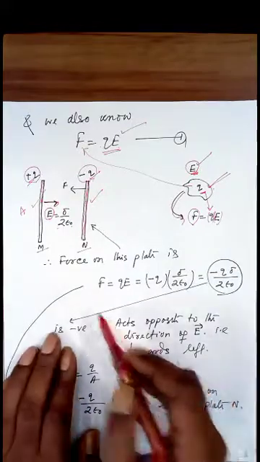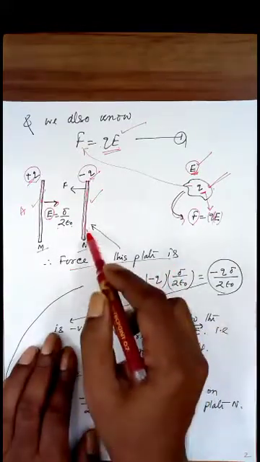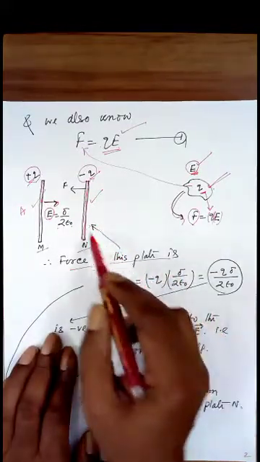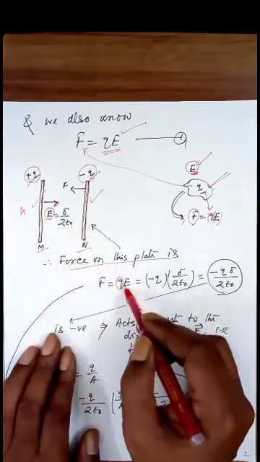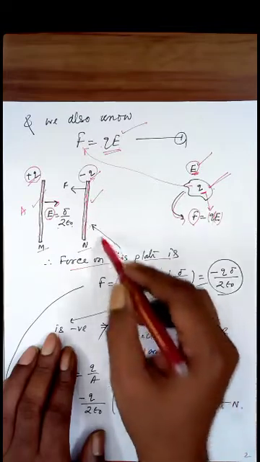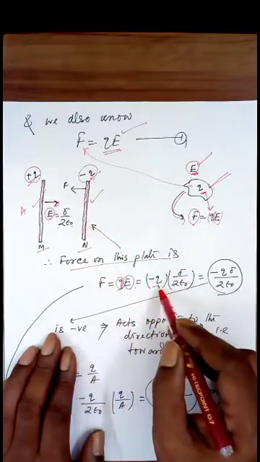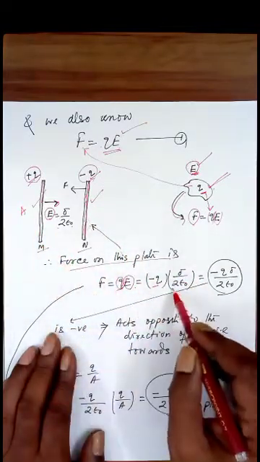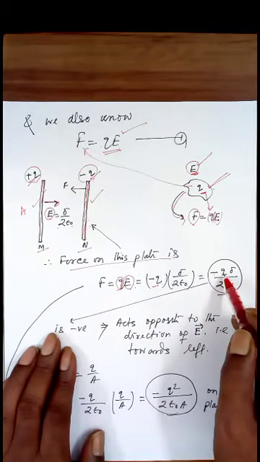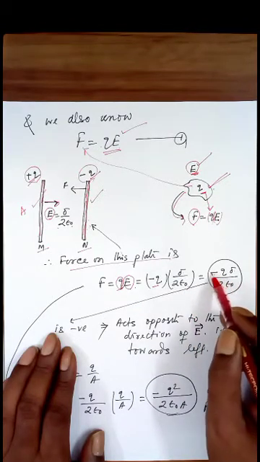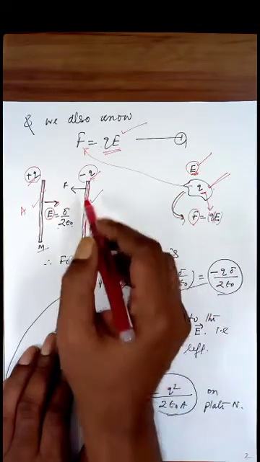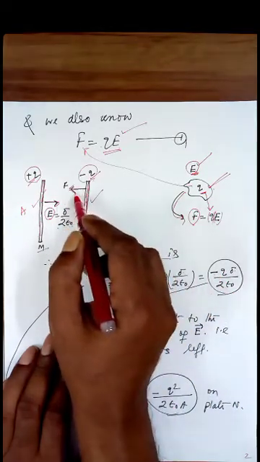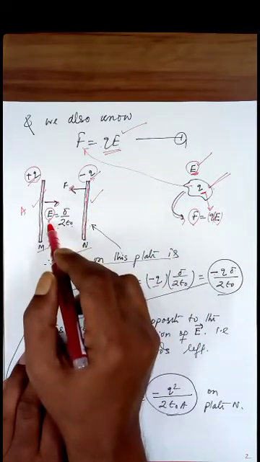So force on this plate will be the charge of this plate and the field of this plate, that is QE. Its charge is minus Q, and the field due to this plate is sigma by 2 epsilon naught, so minus Q sigma by 2 epsilon naught. This negative sign indicates the force on this plate is to this side, that is opposite to the direction of this electric field.